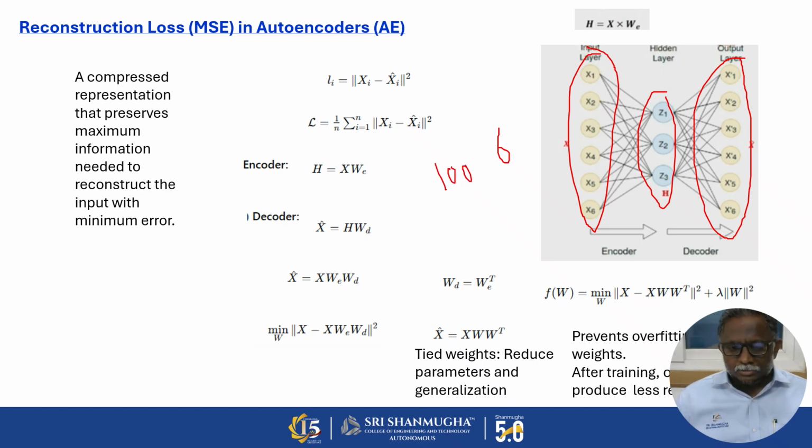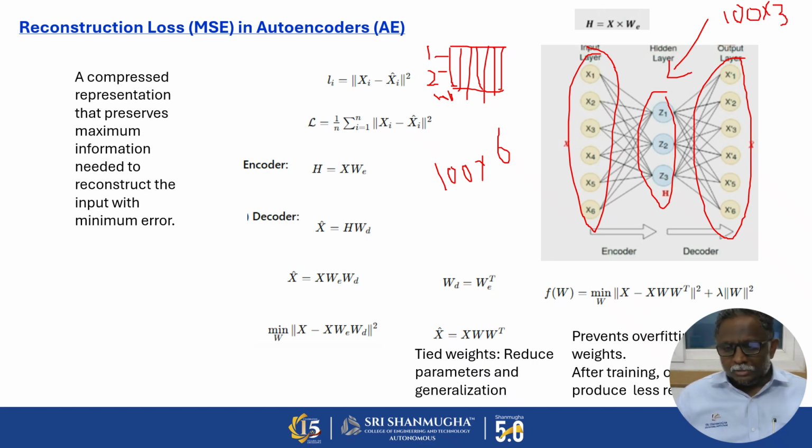Suppose we have 6 different features, and 100 data points, so the size of the input is 100 by 6. In the latent representation, there could be 100 by 3. So the size has been reduced, because it is an encoded, compressed form, reduced from 6 features to 3 features.